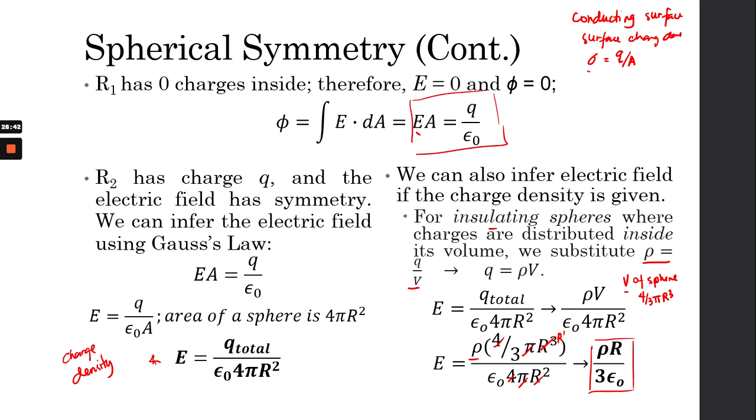So what you want to do is use this: you would have Q equal to sigma times area, and substitute sigma times area for your Q here. So in the end, what you will have as an equation is something like E is equal to, let me just check for a second.